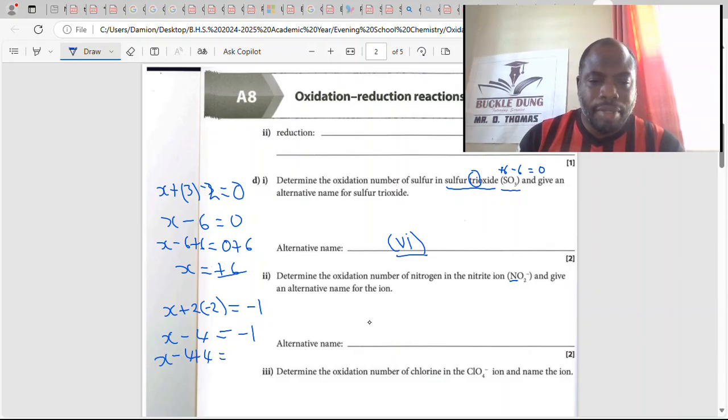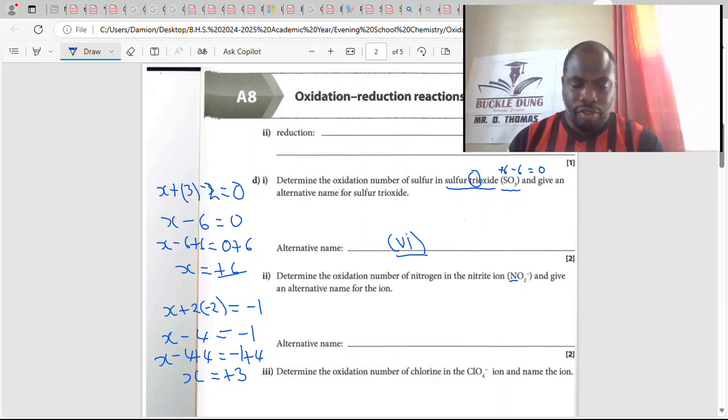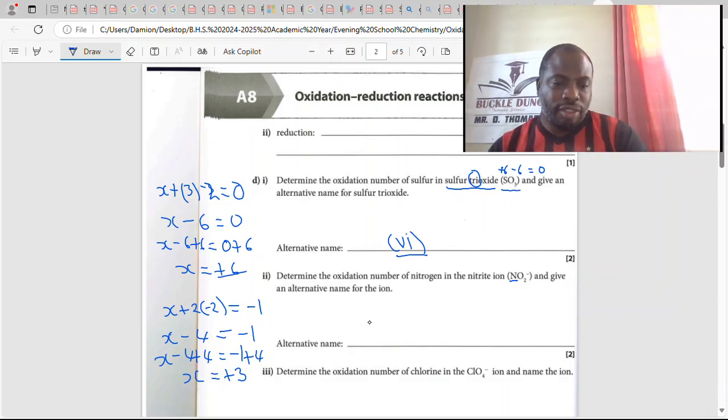So we want to get X by itself, we add 4. If we do that to one side, we have to do it to the other side. X is a positive 3. So you see nitrogen, in this polyatomic ion, assumes a positive.